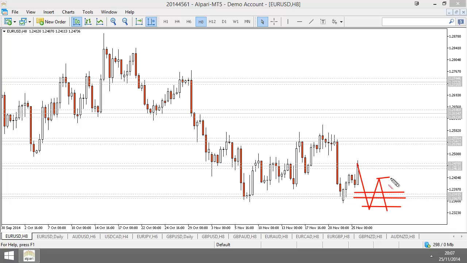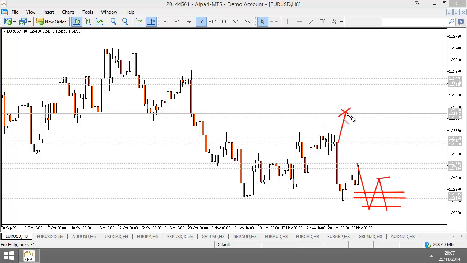Trade is asking, during news, does price still respect support resistance? That's a good question. During news, you'll tend to find that price is more likely to break through a support resistance area. But on the other side of that, a lot of the times when there's a move caused by news, it'll tend to end on top of one of the support resistance areas.